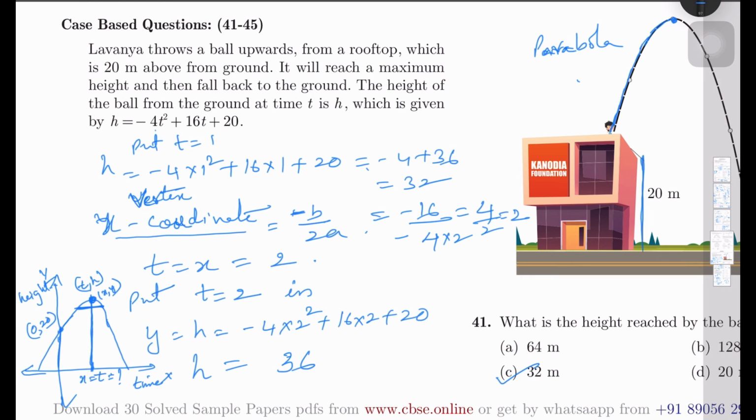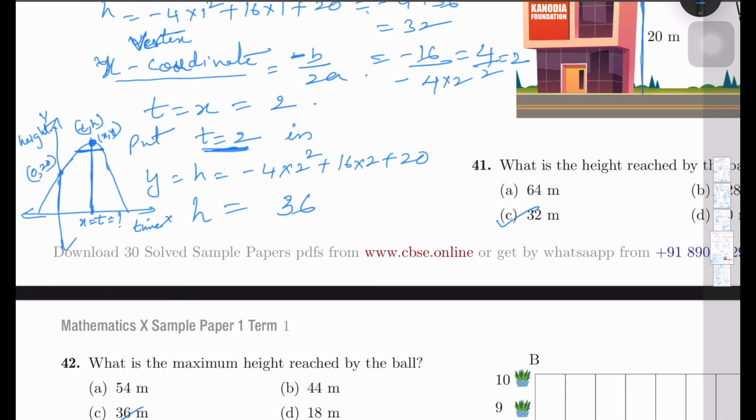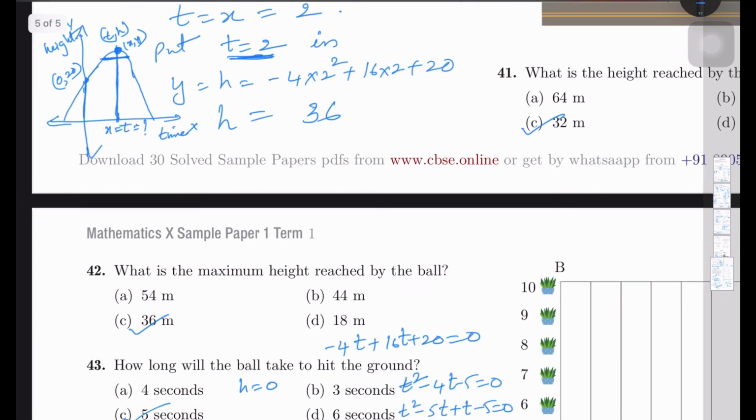So when t is equal to 2, you are reaching the maximum height. Put that value in this h: minus 4 into 2 square plus 16 into 2 plus 20. So you are getting h is equal to 36. So the maximum height reached by the ball is 36 meters.